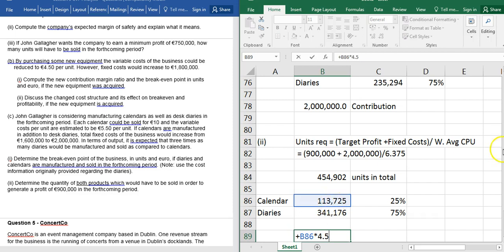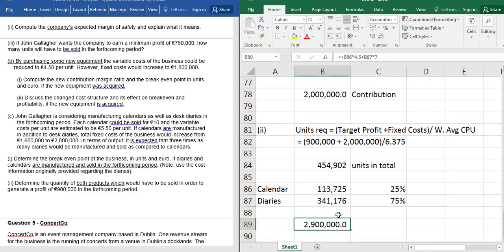So each calendar we sell earns a contribution of 4.50, and each diary we sell, which is 341,176, earns a contribution of 7. So if we've done our target profit analysis correctly, this will come out to 2.9 million, because it will cover the fixed cost of 2, and it'll give us a target profit left over of 900 grand. And thankfully, that's the result we get.